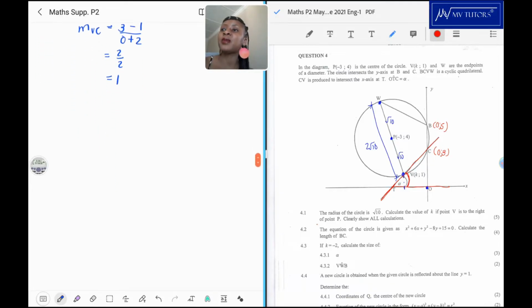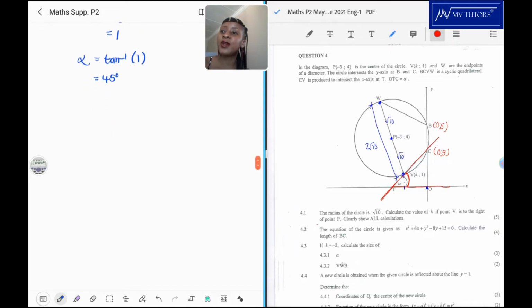Okay, but remember we're looking for alpha. So alpha is tan to the power minus 1 of 1. And because 1, okay, if you know your special angles, you would know that the arctan of 1 is actually 45 degrees. Okay, so that is alpha.